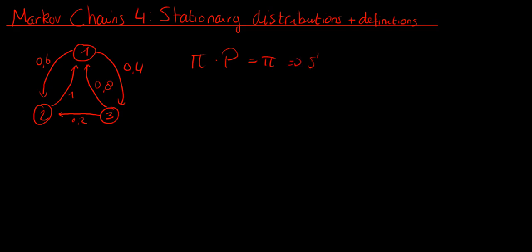So this is a stationary distribution. Like that. So we have an irreducible finite Markov chain.